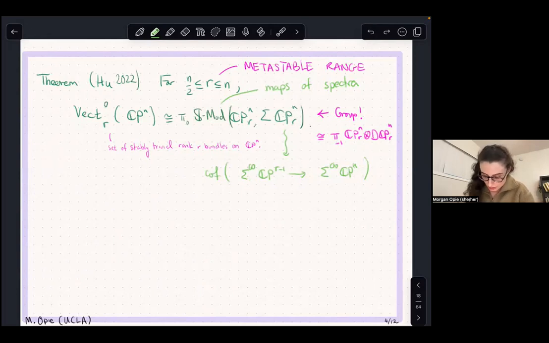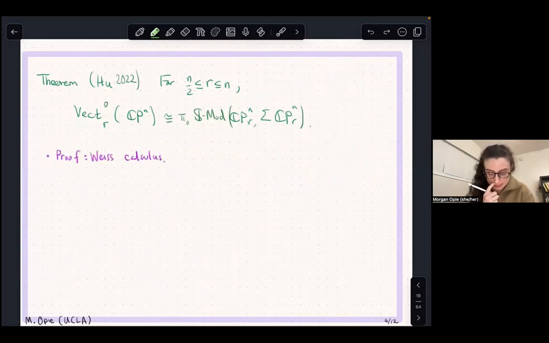Okay, so the proof of this uses Weiss calculus. Weiss calculus gives you a way to study the functor from inner product spaces over C, which I'm going to call BU, to pointed topological spaces, which takes an inner product space over C to BU of that inner product space.